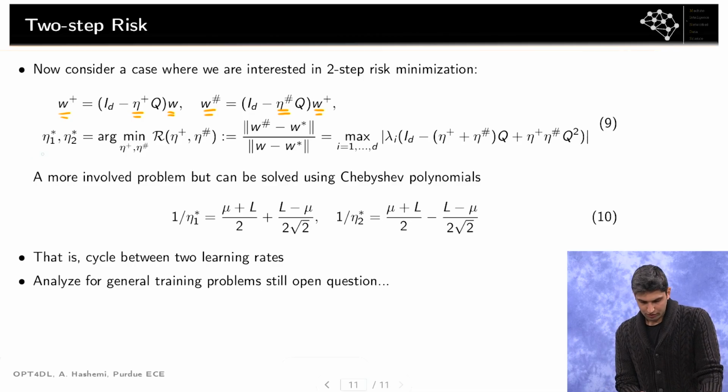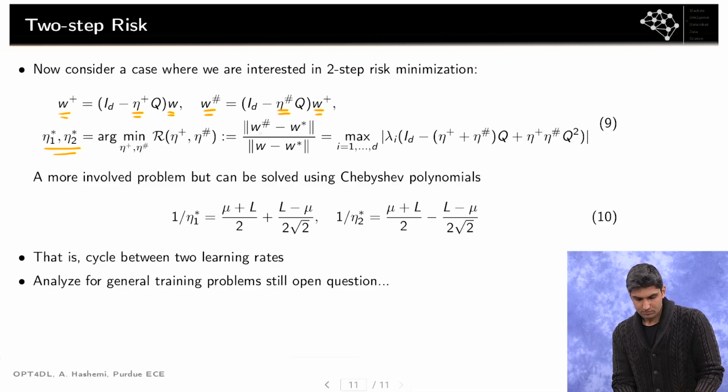So what's my goal? My goal is to find these two learning rates that jointly minimize the two-step risk. What's the two-step risk? It's again the relative amount of progress we're making compared to the current solution.